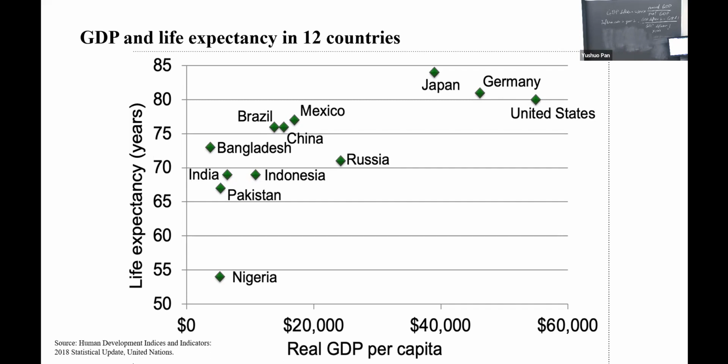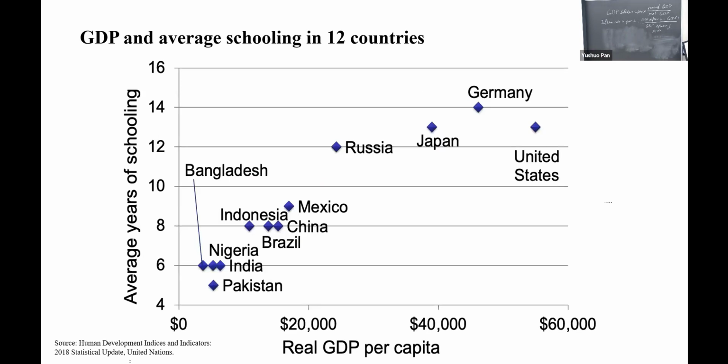The countries include Japan, Germany, and the United States: higher GDP per capita and longer life. The next example is real GDP per capita versus average years of schooling. That's education. Usually a country with higher GDP can use more money on education to train its citizens and residents.